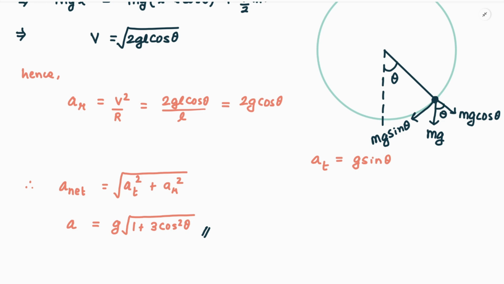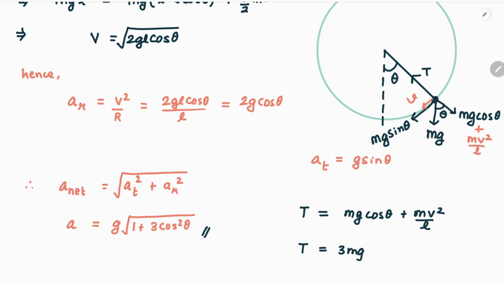And if we calculate the tensional force, which is also asked in this problem, the tensional force T at this instant will be contributed by mg cos theta, and because of the speed v, we will also have mv square by L. Therefore the tensional force can be written as mg cos theta plus mv square by L, v square being 2gL cos theta. So the tensional force is going to be 3 mg cos theta.